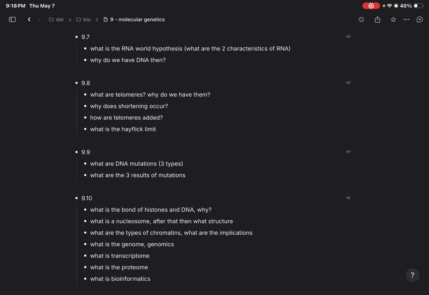It attaches to the missing portion, the overhang of the copied DNA, and then it extends that and just repeats it into something non-coding, something that's not important. So telomerase carries an RNA template.